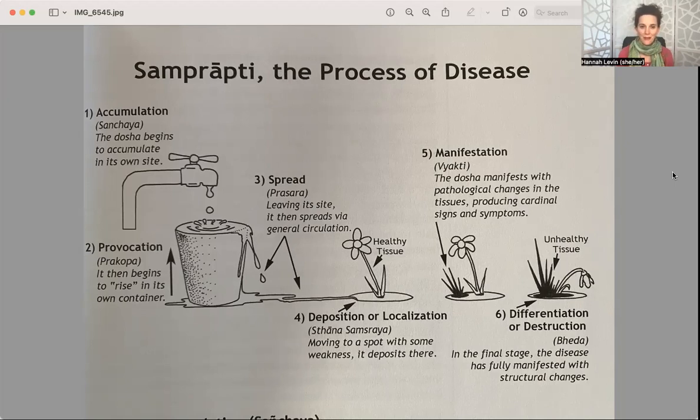You might have a little something here and there, a little sick to the stomach, something that shows up. We want to pay attention to that. In the stage of accumulation, the dosha begins to accumulate in its own site. That might show up for kapha as feeling more heavy, for pitta as feeling like more liquid qualities in the body, and for vata as feeling cold.